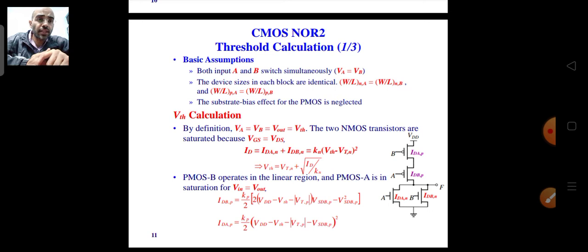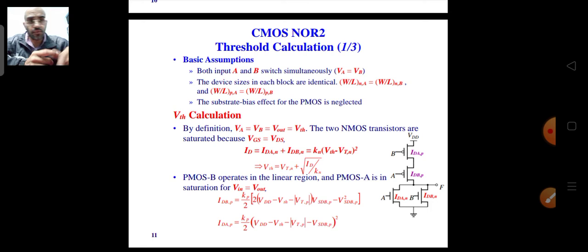But if you want to find the threshold voltage of any gate, say this NAND gate, how can we do it? To understand this, let's think about threshold voltage.